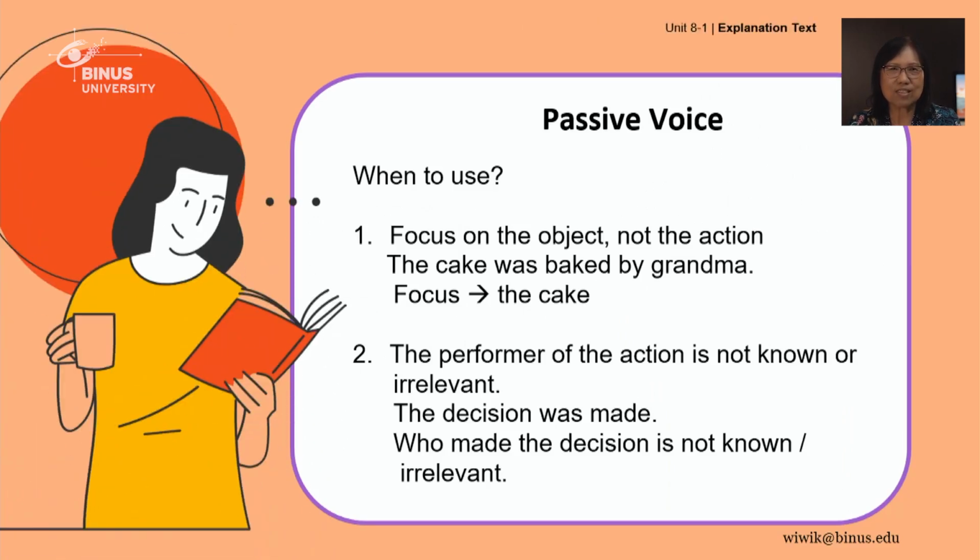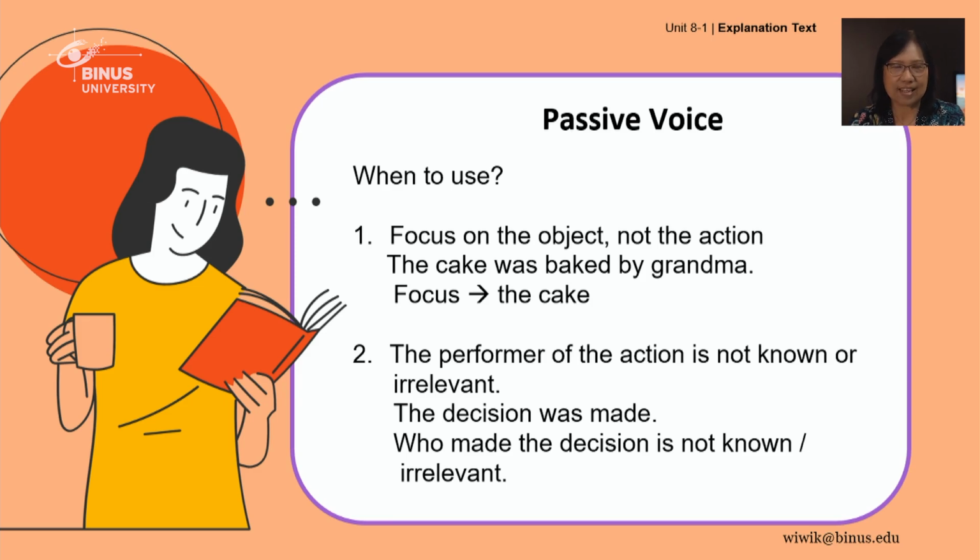Then another question is why? Why do we use passive? When to use passive in our sentence? The first one, if you focus on the object and not the action. I guess it's clear to you. In a sentence, you have subject, you have verb, and verb refers to action, and the third one is object.